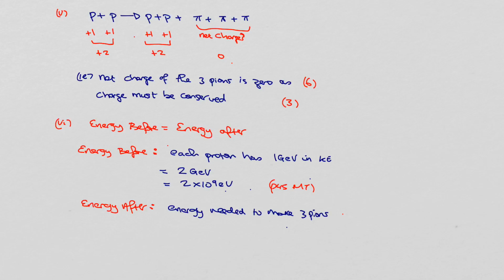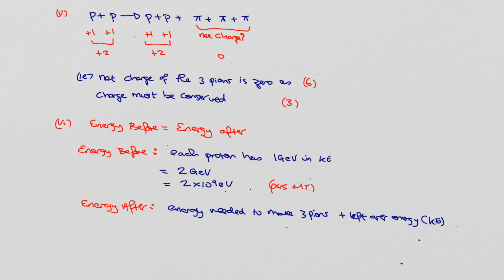And then anything left over is the kinetic energy. So you could either have all of that 2 by 10 to the power of 9 electron volts be used to make as many pions as possible, or it can be used to make the 3 pions, and anything left over then is used for kinetic energy for the particles.